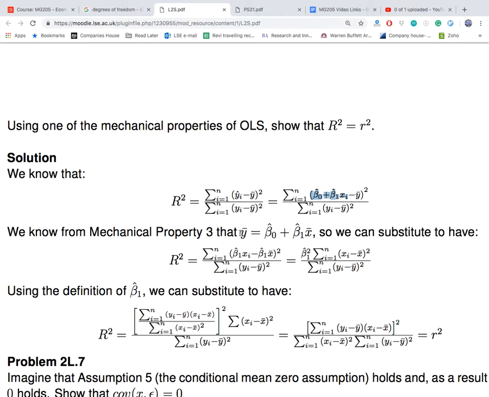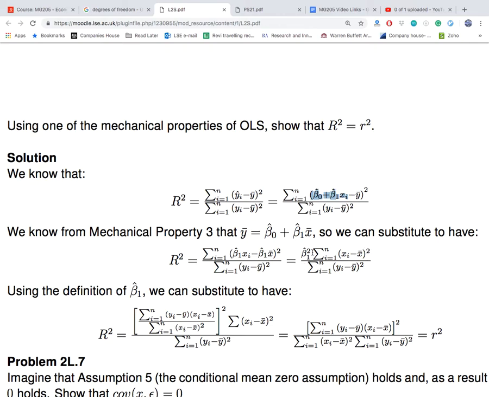Use the mechanical property here. This mechanical property will allow you to write this for y bar. So the beta 0 and beta 0 will simplify. You'll be left with just beta 1 hat. Right? All of that squared, so if you pull it out of the notation, it will be beta 1 hat squared. Okay? That would be your R square at that stage.